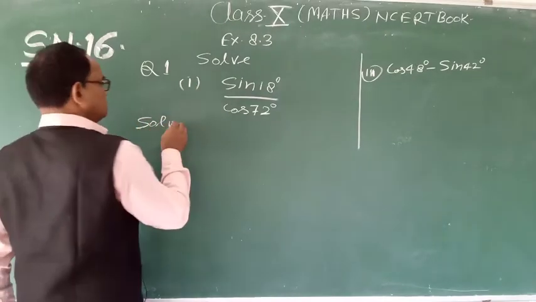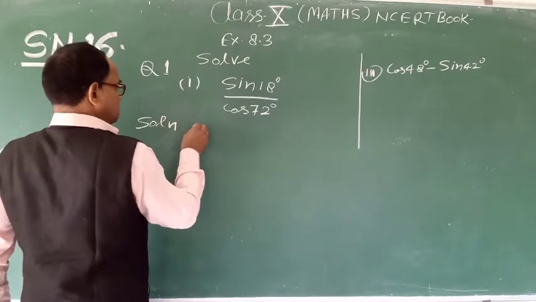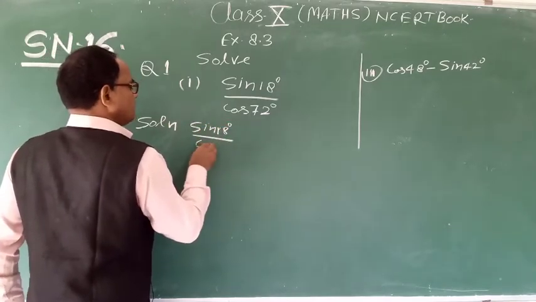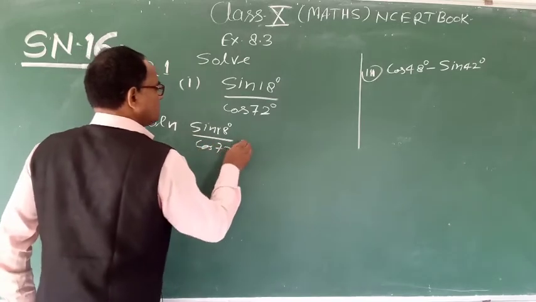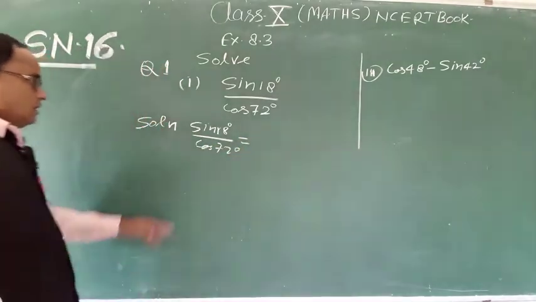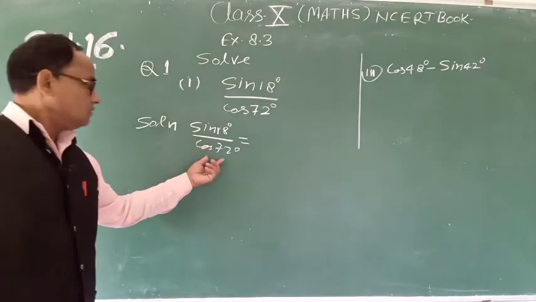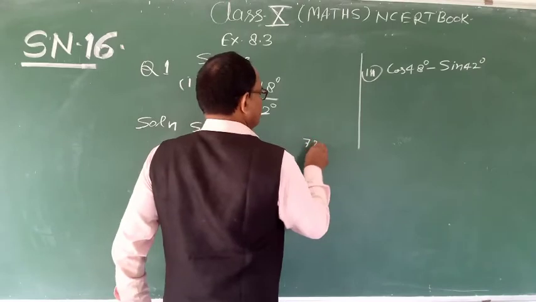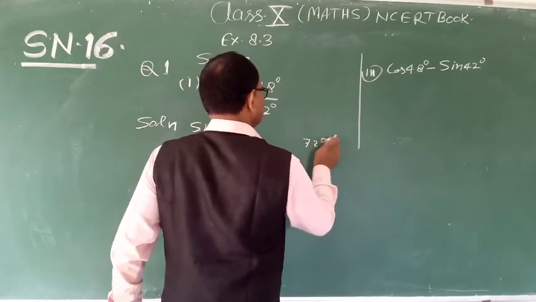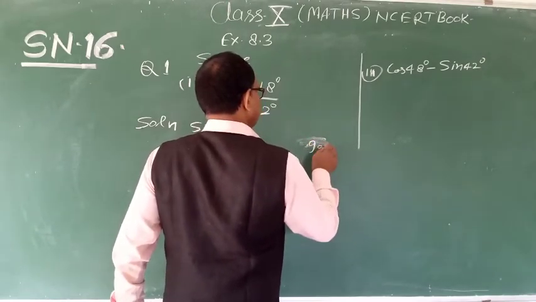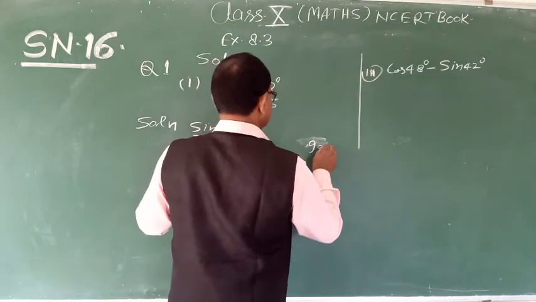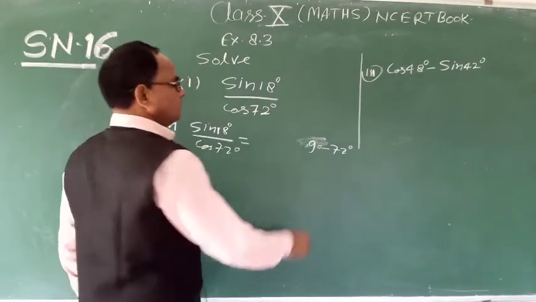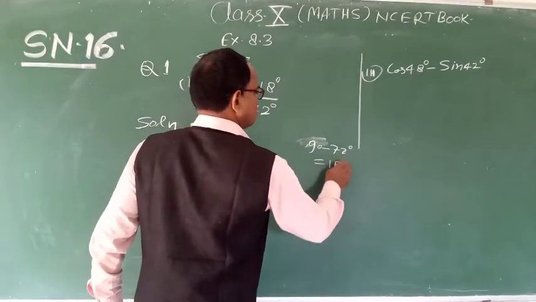Here, question number 1, part 1: sin 18 degree divided by cos 72 degree. Here we can write 90 degree minus 72 degree, then we get 18 degree.